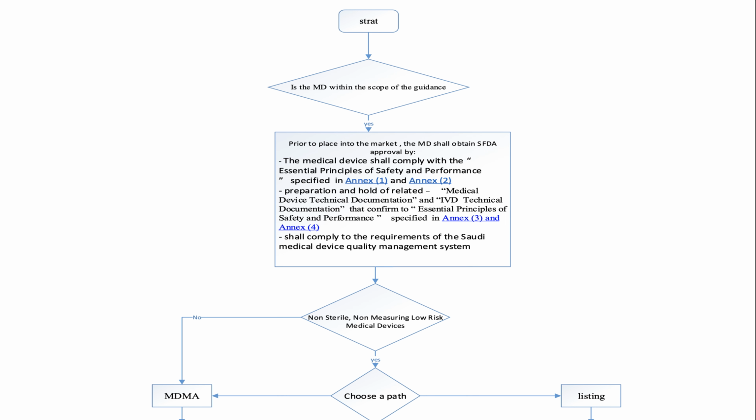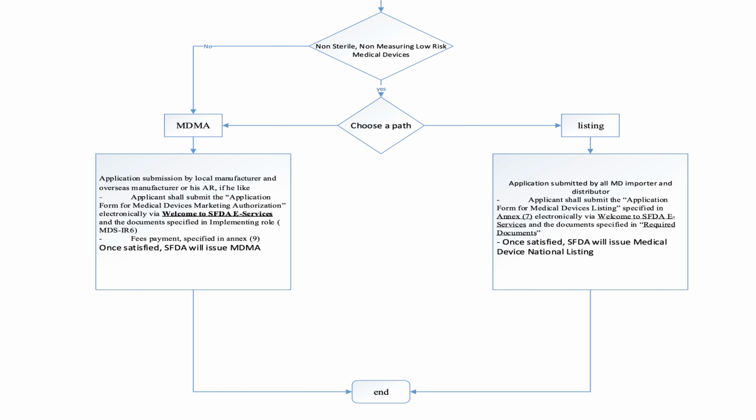If your product does not fall under the non-sterile category, then you only need to get the MDMA done. For this, your product does not get listed in the SFDA territory. In order to get the MDMA, which is Medical Device Marketing Authorization, an application submission shall be done by the local manufacturer or overseas manufacturer or his authorized representative.